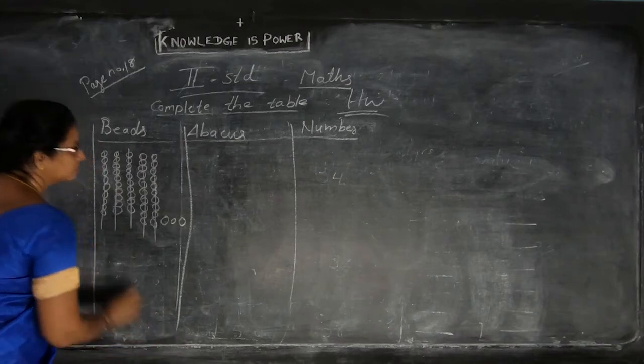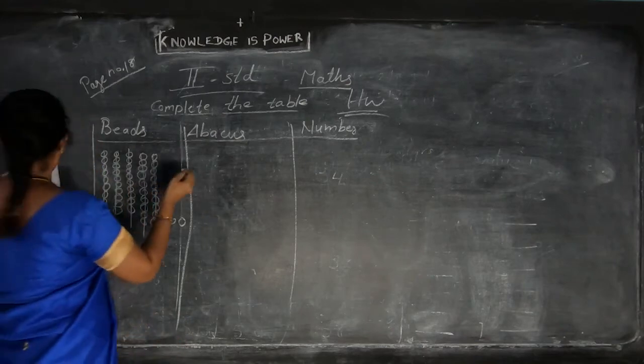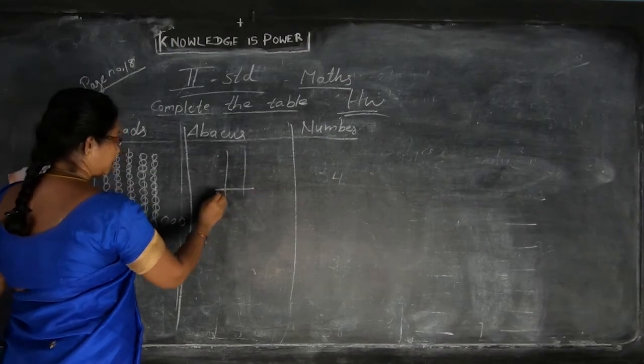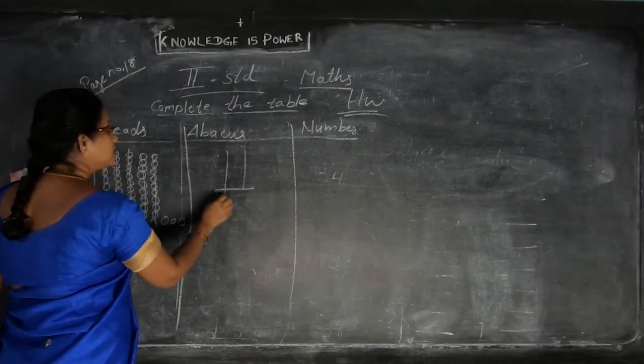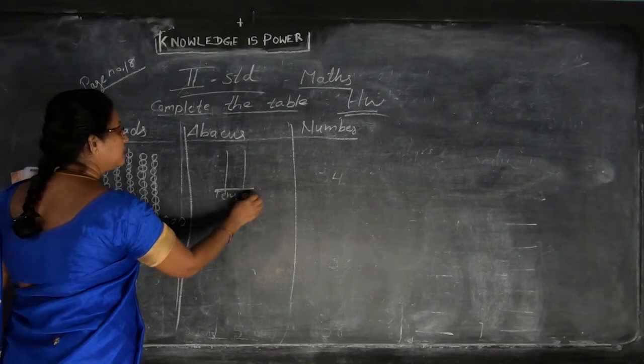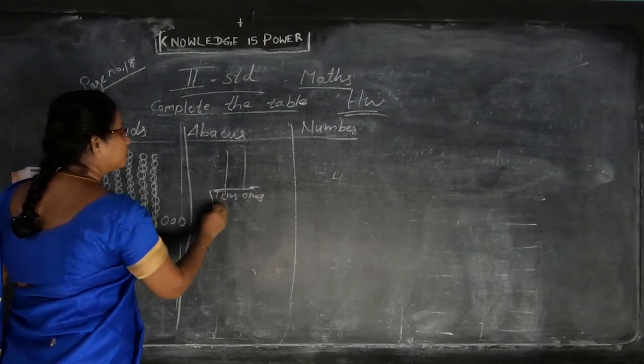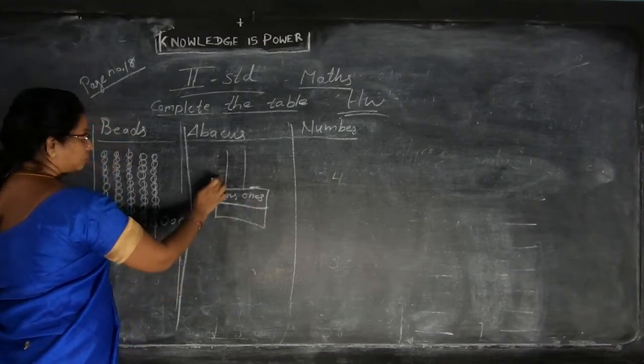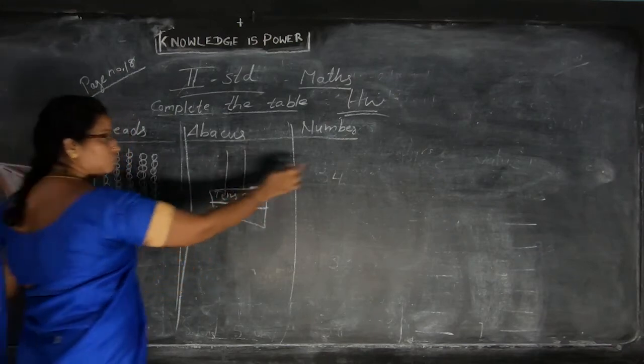Okay? You draw. You should put this one in abacus dots. Okay? Count and write. This is tens place. This is ones place. Okay? You should put this count here and write. This is homework for you.